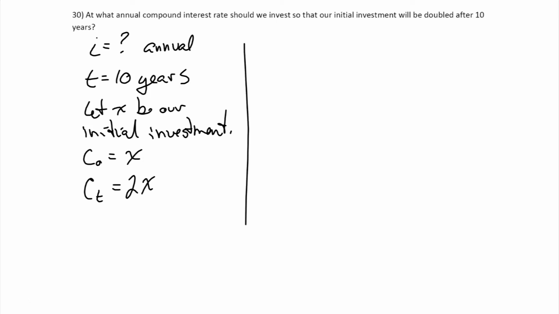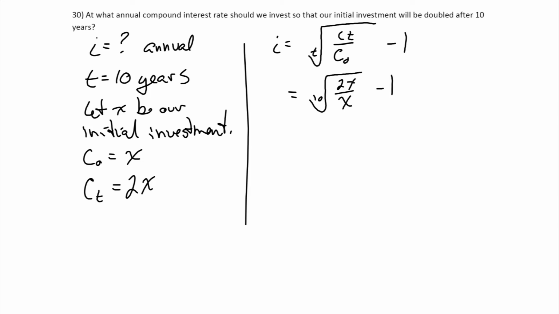Let's see what happens if we use the formula for I and try to solve with the variable x put in there. Our equation for I is the t root of CT divided by C0, minus 1. So our t is 10, so we're doing the 10th root of our CT, which is 2x, divided by our initial value, which is x, minus 1.